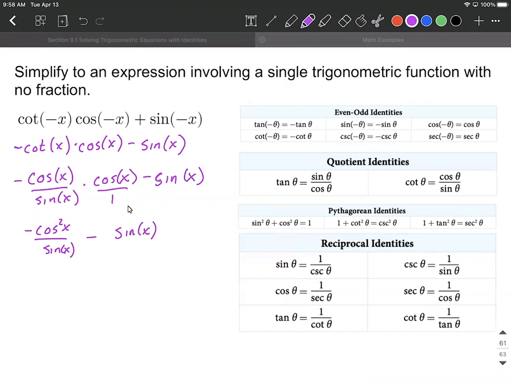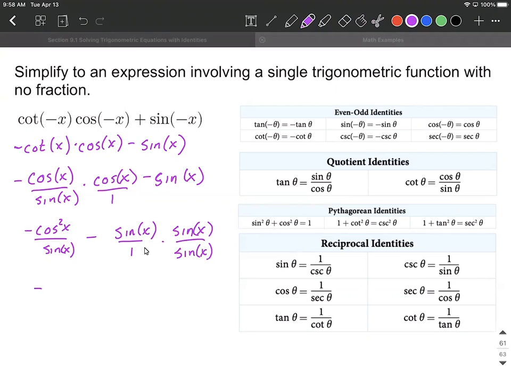Now, to make this a single expression, instead of having two separate terms here, basically we have a fraction minus sine. Let's make that into a single fraction. So to do so, we would need a common denominator. So I'm going to visualize this as being over 1, and I'm going to multiply numerator and denominator both by sine of x to get that common denominator.